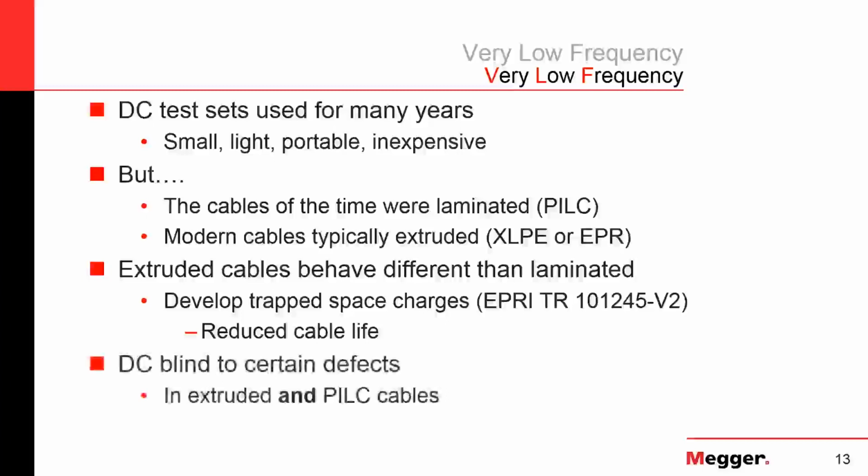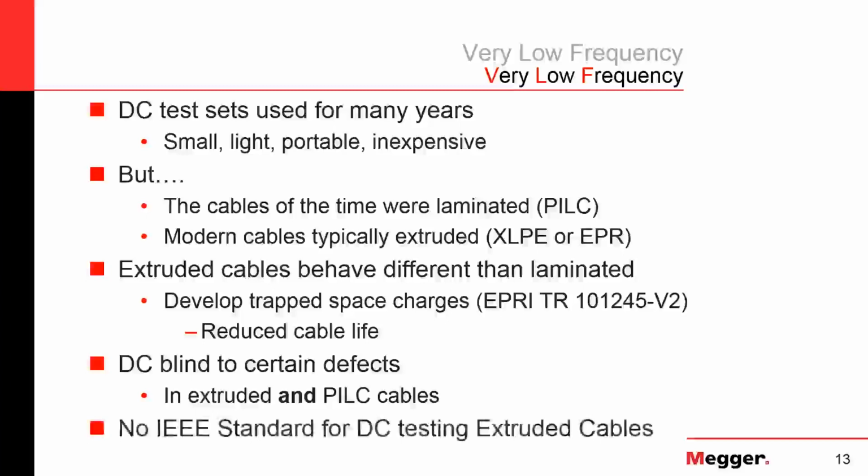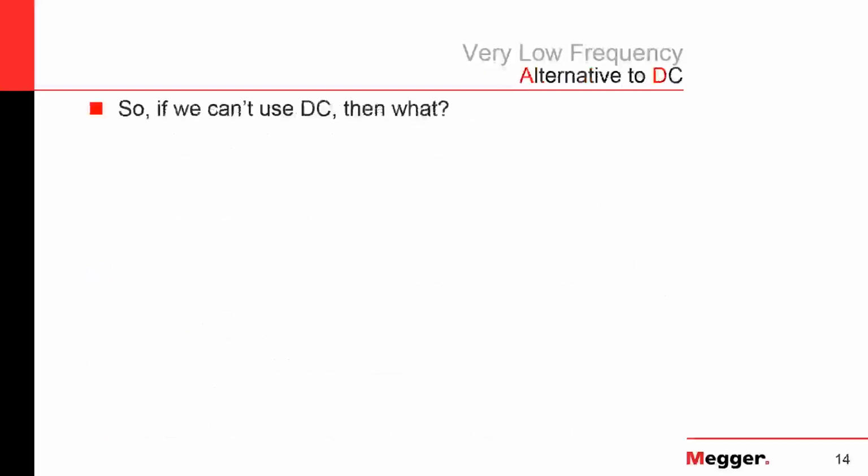The other reason is there's research out there showing that DC testing is blind to certain defects in both types of cable, extruded and laminated cables. So it harms extruded cables and it can't find all your defects. Because of that, there's no IEEE standard for DC testing on extruded cables. In fact, IEEE 400.1 goes out of its way to specify that it's only applicable to laminated cables.